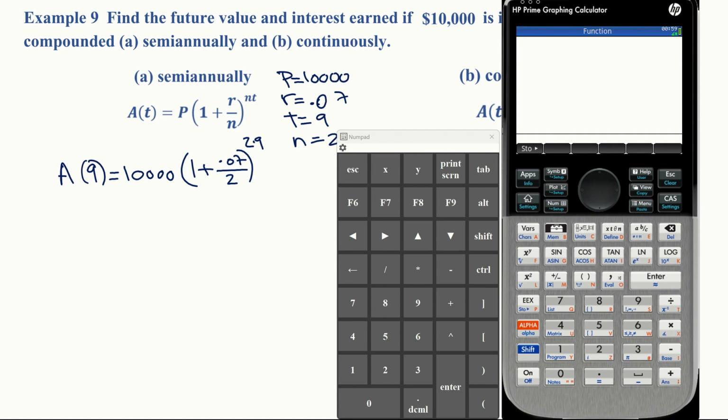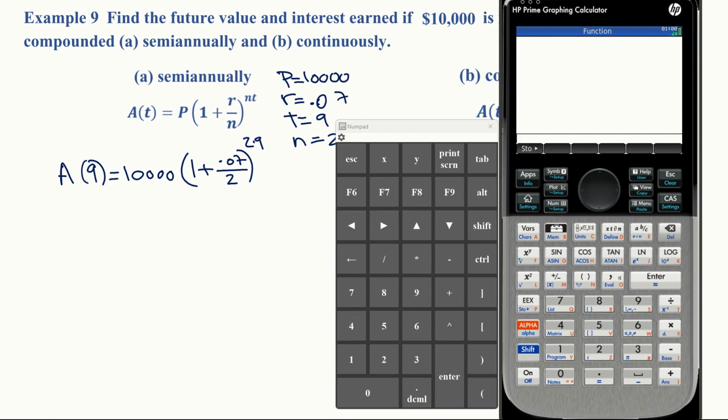So we're just going to type in 10,000, right? Okay, I thought I had jinxed it there for a minute because it wasn't typing at all, but I think it's working now.